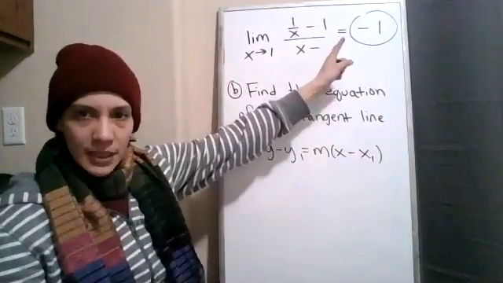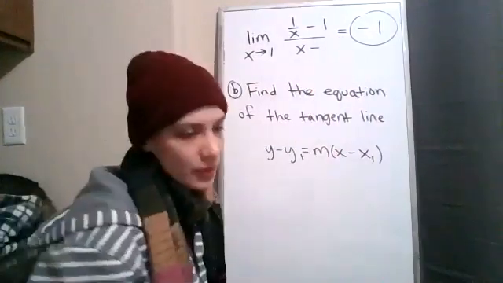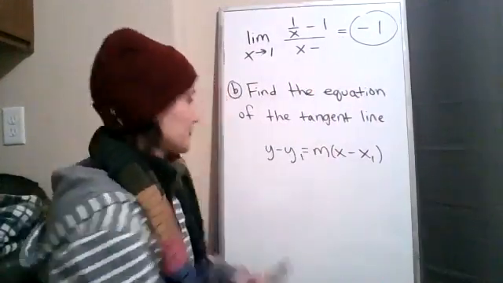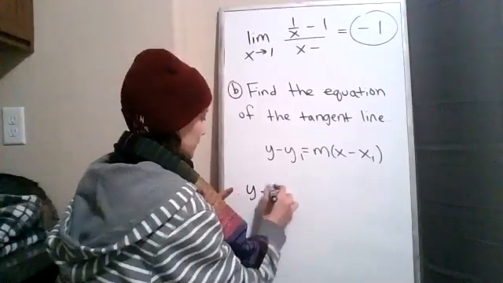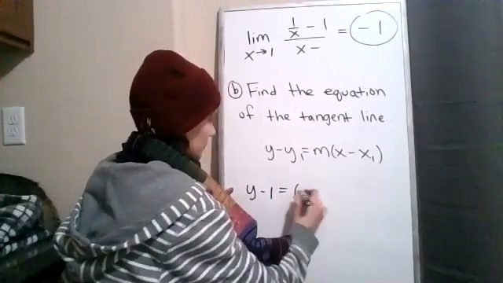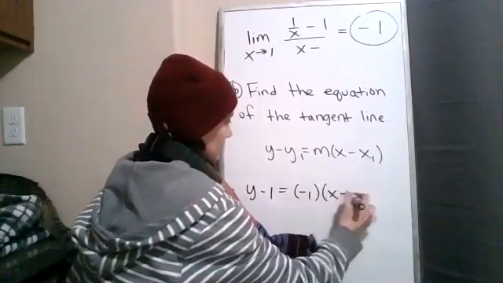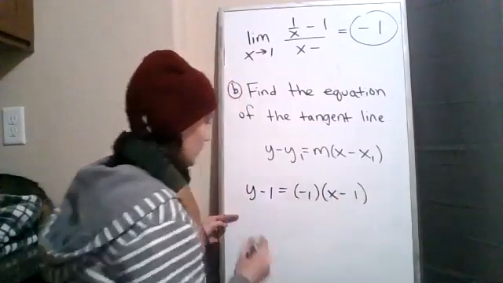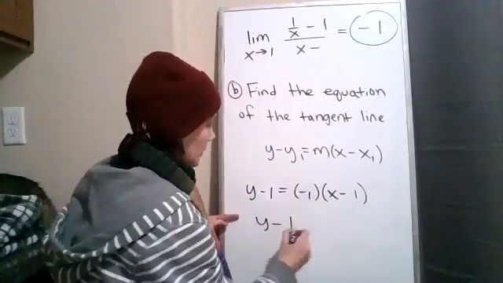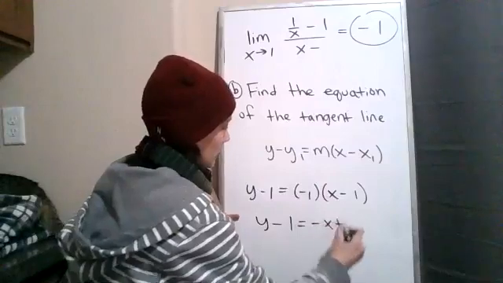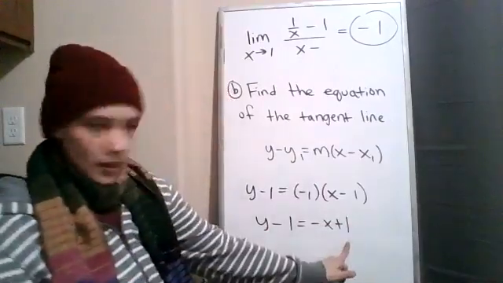So our slope is negative 1, and let's use the point (1, 1). y minus 1 equals negative x plus 1. So y equals negative x plus 2.